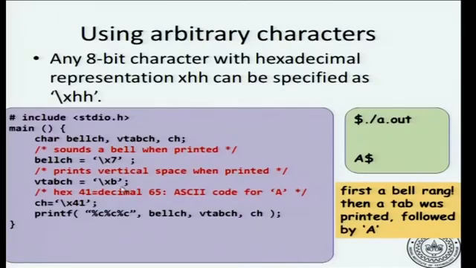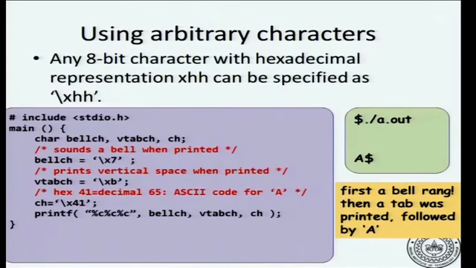Similarly, \xb is the 11th number in the ASCII table. It is a vertical space. So if you print that character, it will print a vertical space.